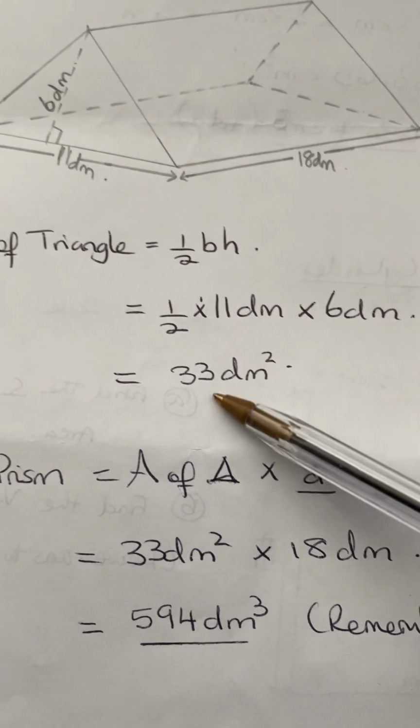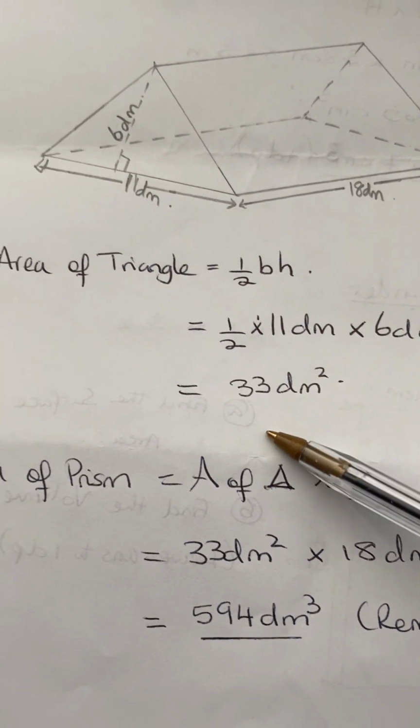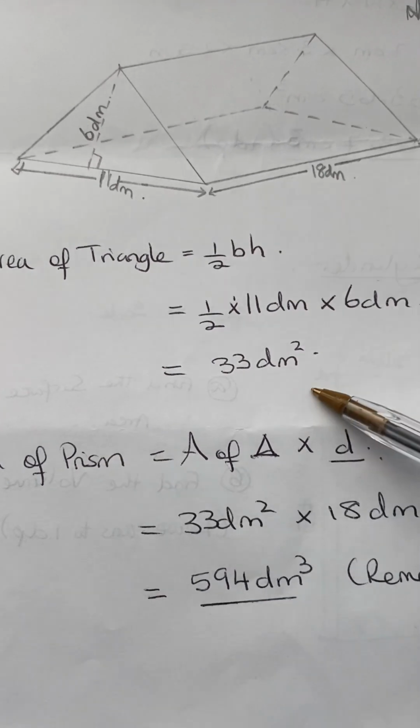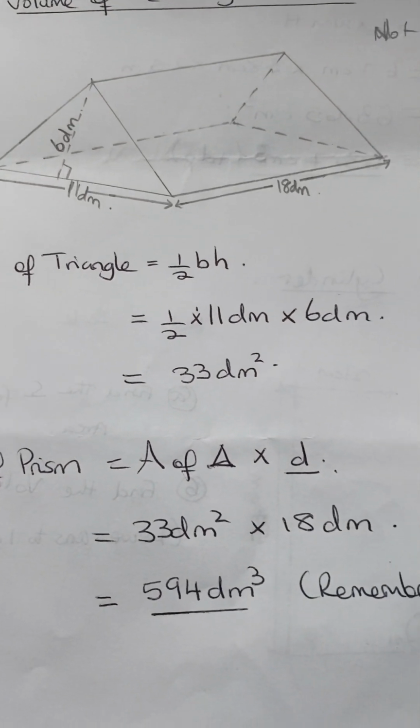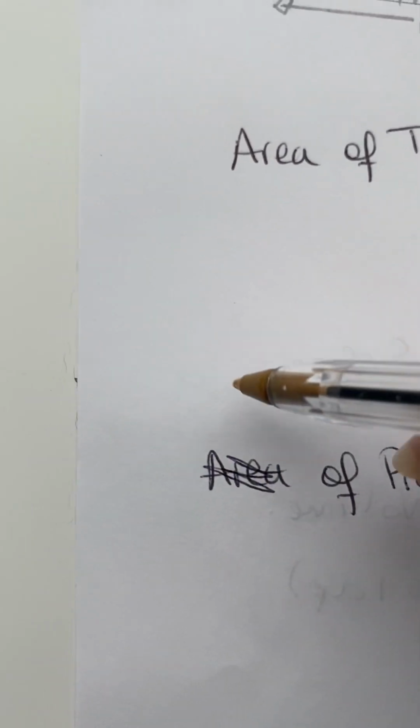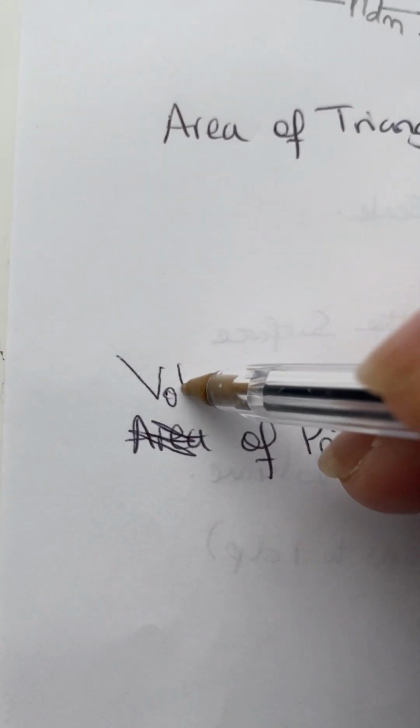So we found the area of the triangle. Now the volume of the prism is volume. We are finding volume, not area, please. The question says we should find volume.